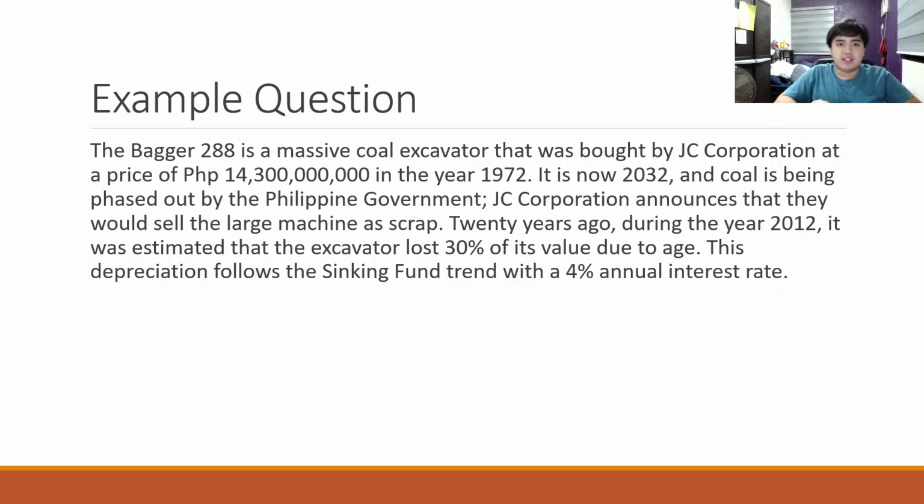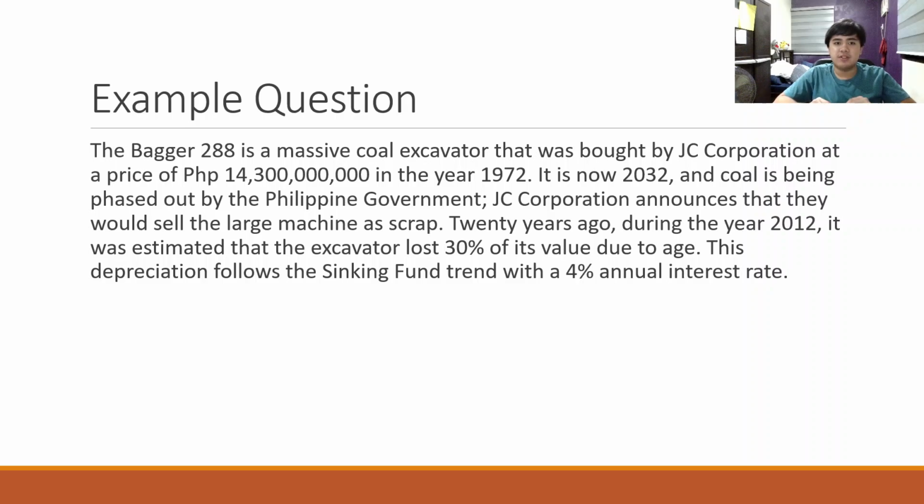The Bagger 288 is a massive coal excavator that was bought by the JC Corporation at a price of 14.3 billion pesos. The Bagger 288 is a very big machine that excavates coal. So that's the context for that. It is now 2032 and coal is being phased out by the Philippine government.